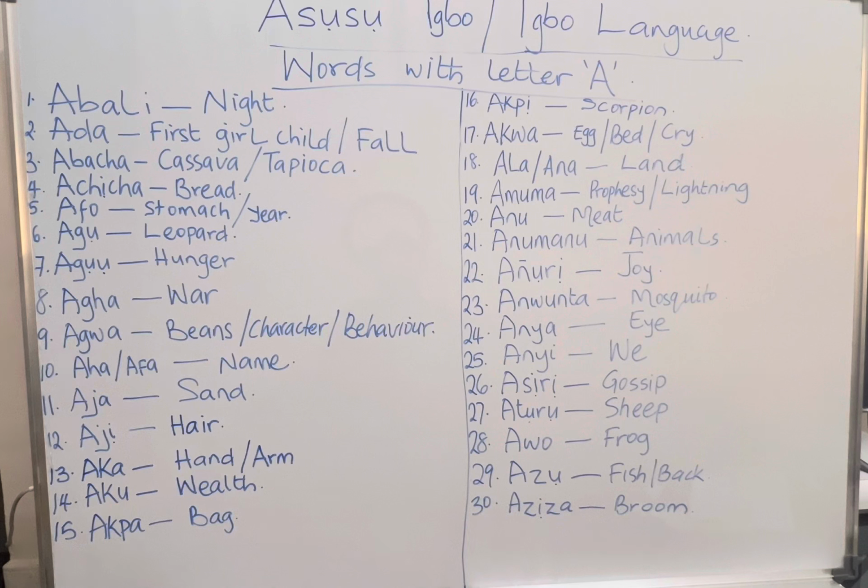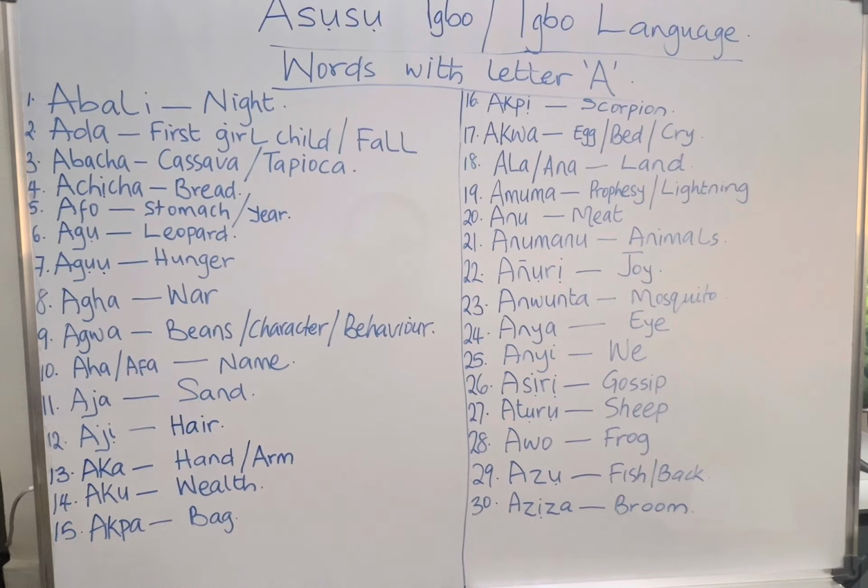Number 15 is apa. Apa is bag, handbag, traveling bag. Number 16, ape. Ape is scorpion. Number 17, we have aqua.